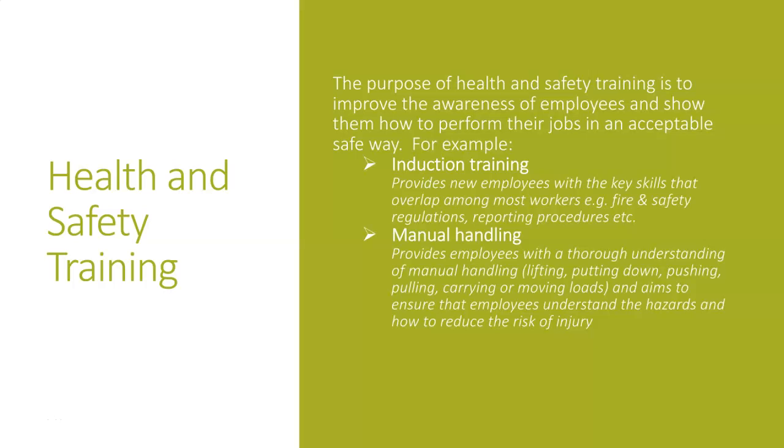For example, induction training provides new employees with the key skills that overlap among most workers, like fire and safety regulations, reporting procedures, etc. Manual handling provides employees with a thorough understanding of manual handling, lifting, putting down, pushing, pulling, carrying or moving loads, and aims to ensure that employees understand the hazards and how to reduce the risk of injury.